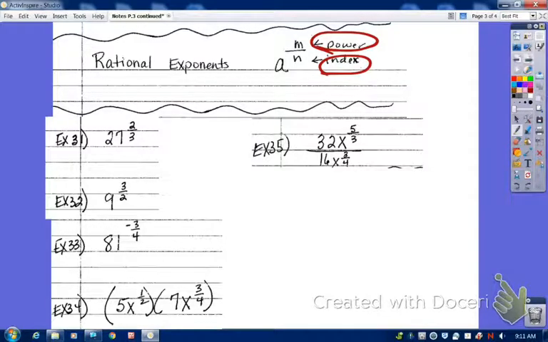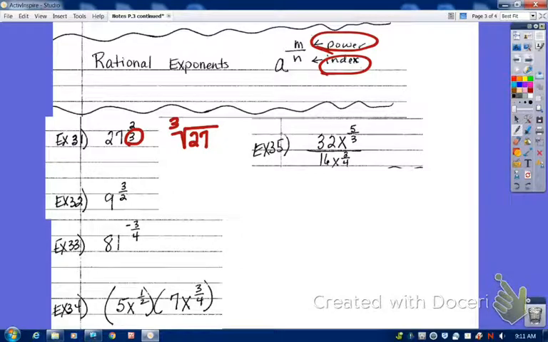So let's look at example 31 together. We're going to do the index first, okay? In most situations, we do the index first. So in example 31, 3 is the index. So in your mind or on your paper, you're going to rewrite this in a radical form until you catch on to what you're doing, and then some of y'all are going to be so smart, you're going to be able to do these on your own.